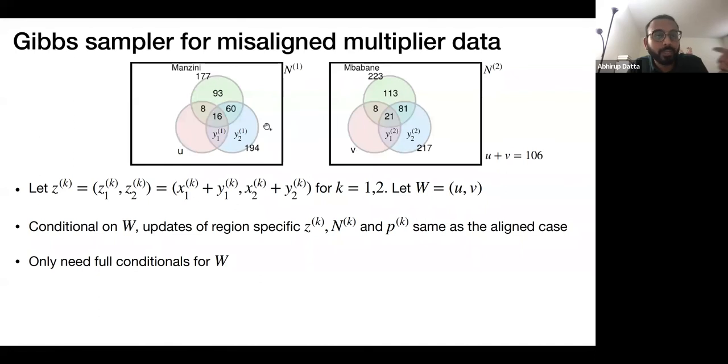It's going to use the hypergeometric updates that we showed for the incomplete case. So the only difference here is that we need to have an additional update where we sample from the u's and the v's conditional on everything else. So I write down the u and v as a vector w. So the only new step is the need for full conditionals of w.